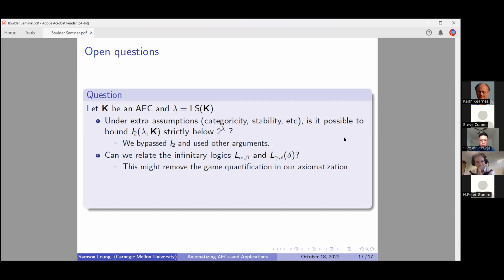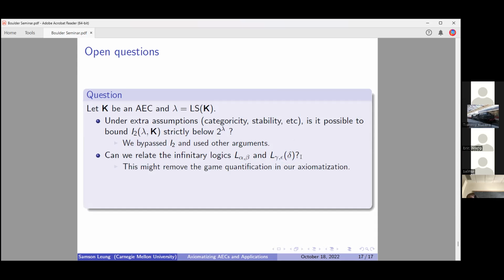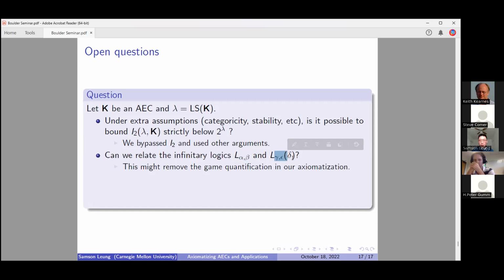The other open question is, in the other version of my theorems, I use some game quantification, which is of this kind of format. Here are just some dummy variables. Are there any interesting relationships between a usual infinitary logic with infinitary conjunctions and quantifications and those having game quantification?